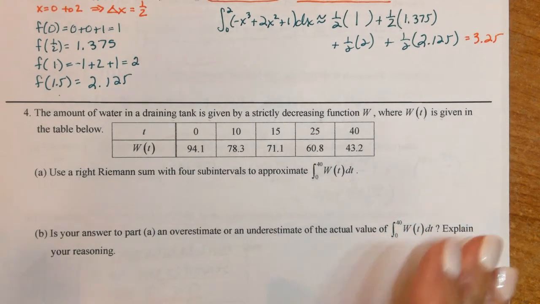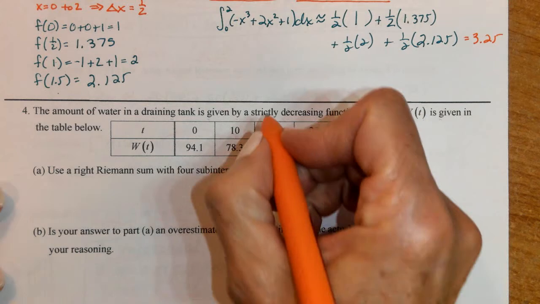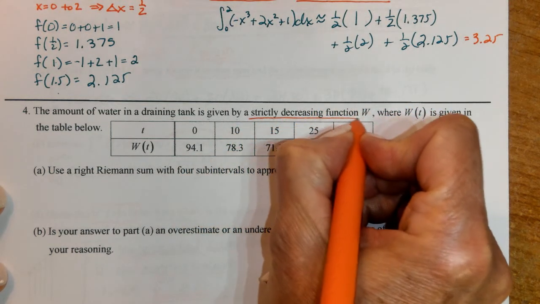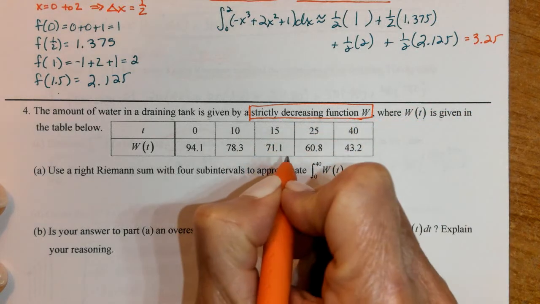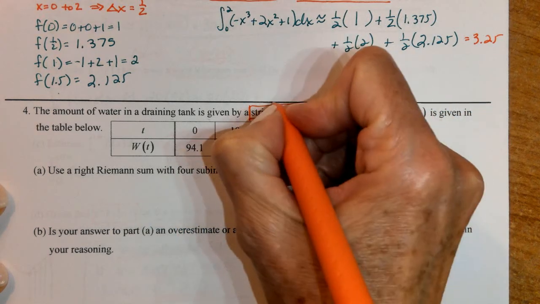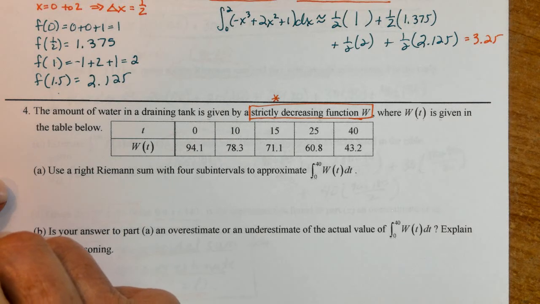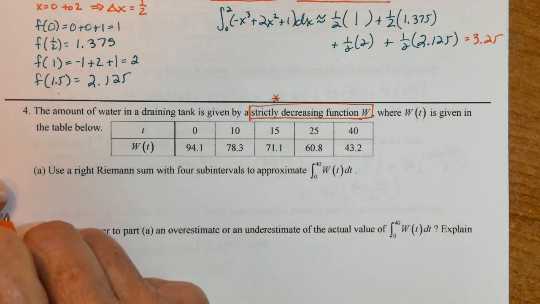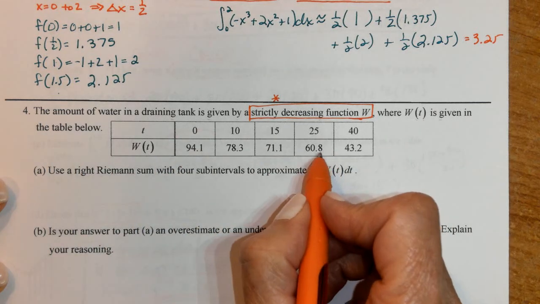All right, number 4. The amount of water in a draining tank is given by a strictly decreasing function. Whenever they give me information like that, I know I'm going to be using it somehow. So I like to bubble it or square it or whatever, note it. W is given in the table below.